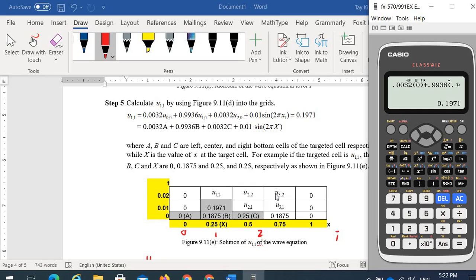Okay. So here, you notice, if you want to calculate U21, actually the I variable, 1 will change to 2. So U21 depends on U11 and U10, U20, U30. Only the value here changes.